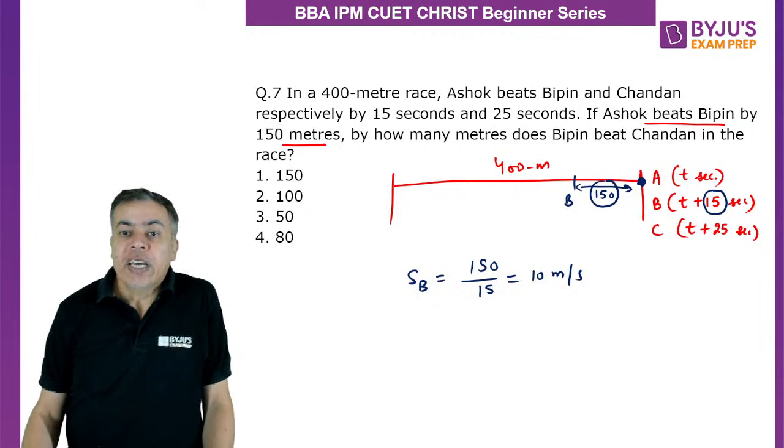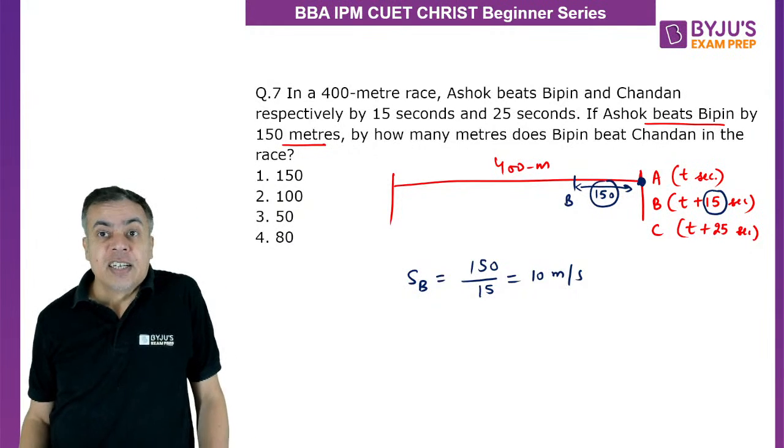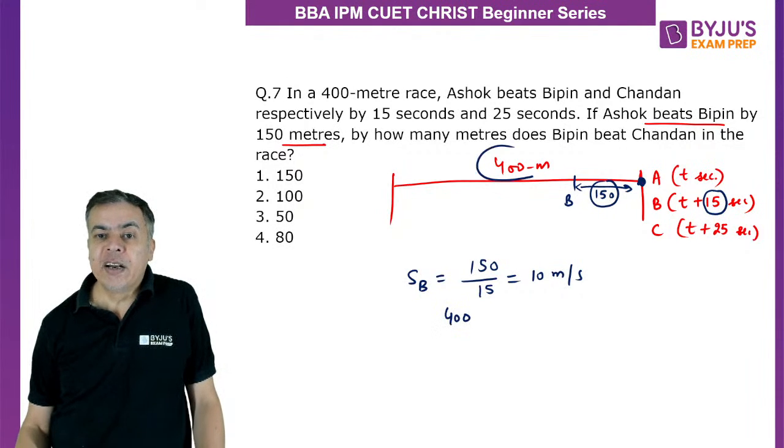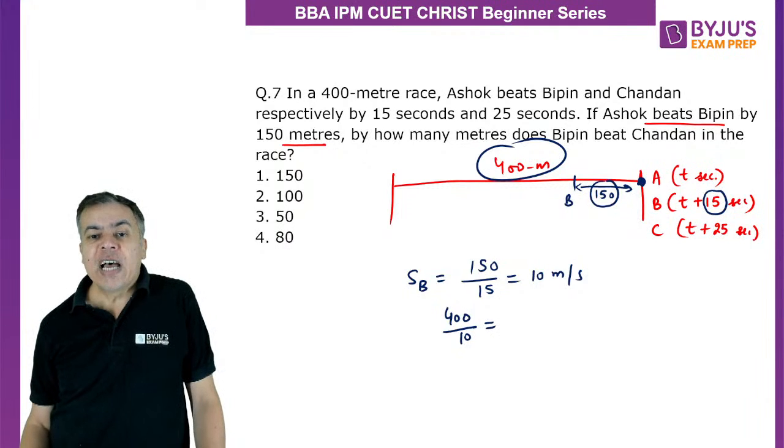If the speed of B is 10 meter per second, the total time taken by B is, because the race is 400 meter and the speed is 10 meter per second, 40 seconds.